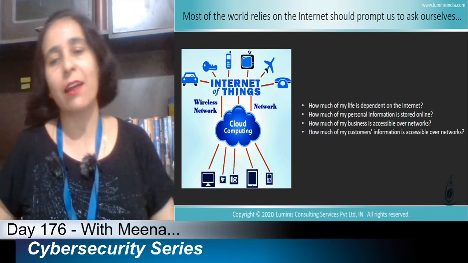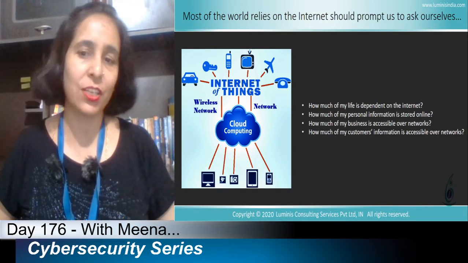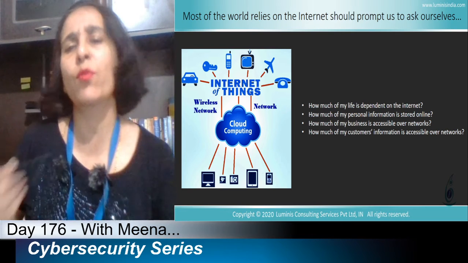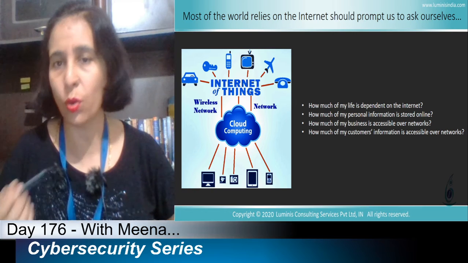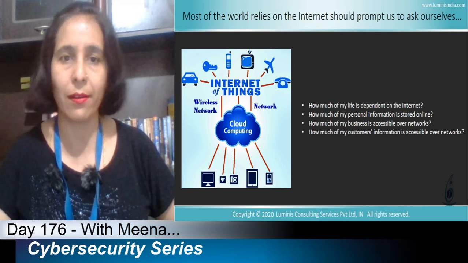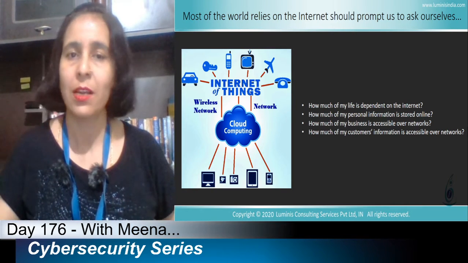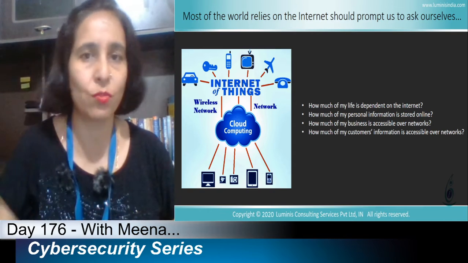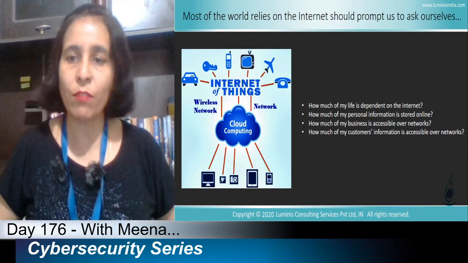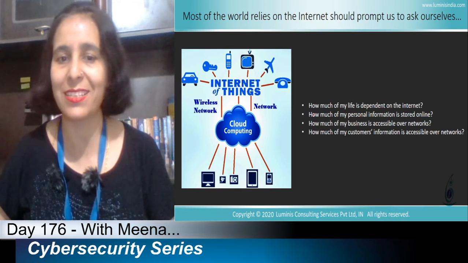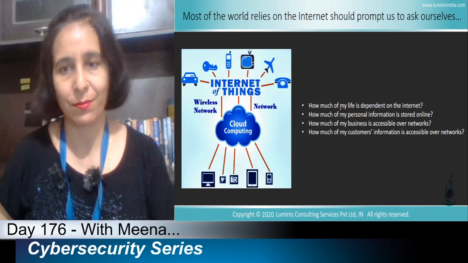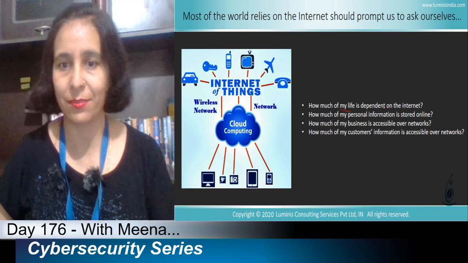When we are accessing the internet, we need to ask some questions to ourselves, because we need to provide security to our devices, networks, infrastructure, or whatever resources we have on the internet. First of all, the question is how much my life is dependent on the internet.